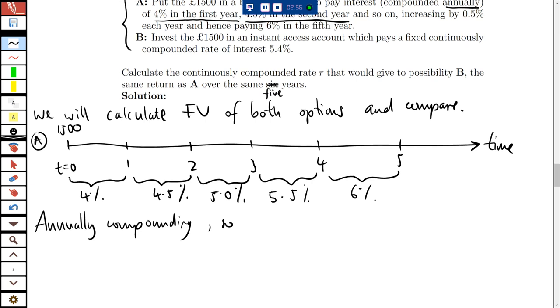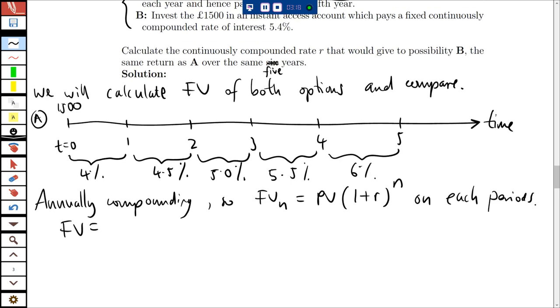So we're going to use the normal equation. The future value after n years is the present value times 1 plus r to the power n, and we're going to do this on each of the periods for each year. So what we find, the future value is, well, after 1 year, it's the present value times 1 plus 0.04.